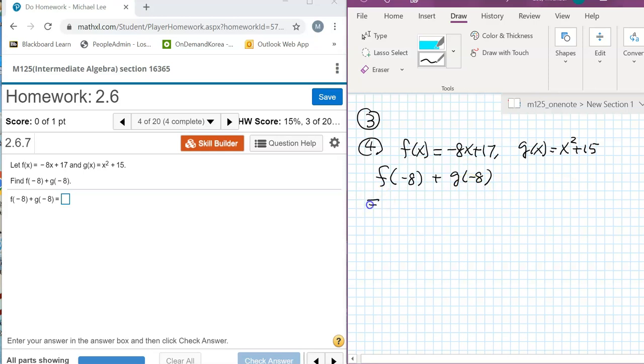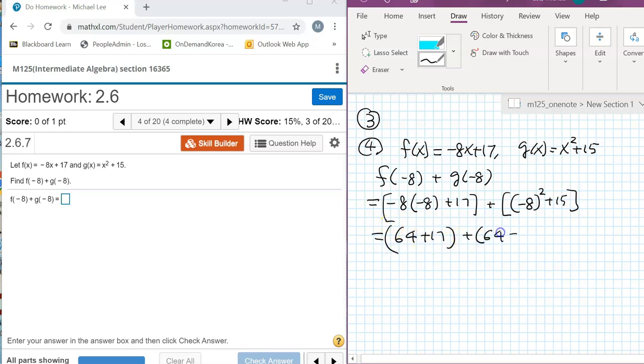Okay, so that is negative 8 times negative 8 plus 17, that is for the first part, plus negative 8 squared plus 15. So this is 64 plus 17 for the first part, plus 64 plus 15.